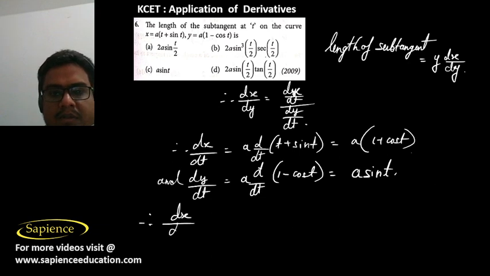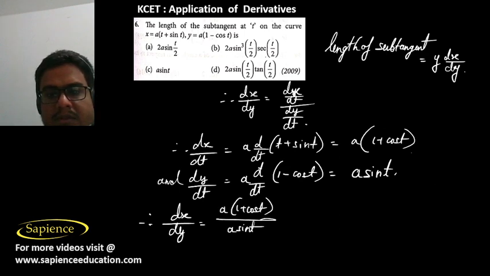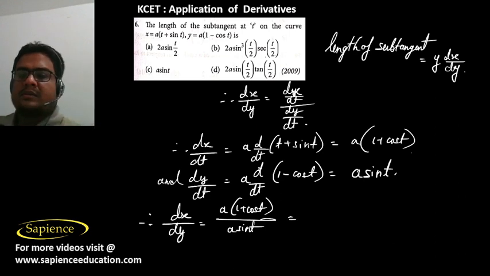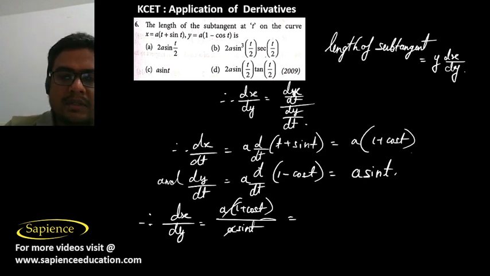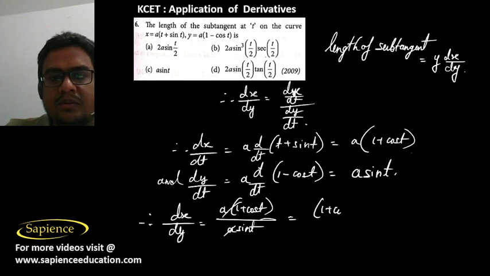Therefore, dx by dy equals dx by dt, that is a into 1 plus cos t, divided by a sin t. So a and a will cancel out. So this will be 1 plus cos t by sin t.